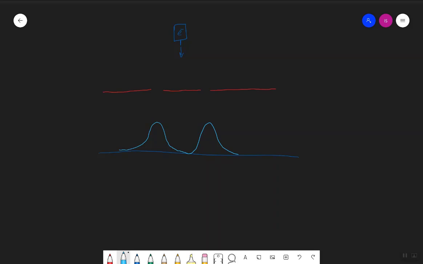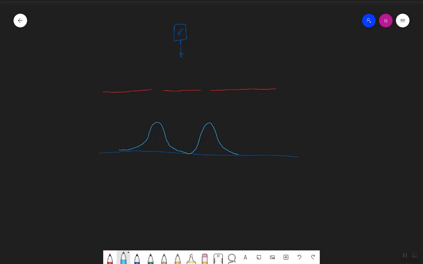But we should have these two different distributions. They may overlap more depending on how close the slits are together, and we'll see in a simulation very quickly. We can actually adjust the distance between the two slits and how wide the slits are. But essentially this is what we should get with classical mechanics.